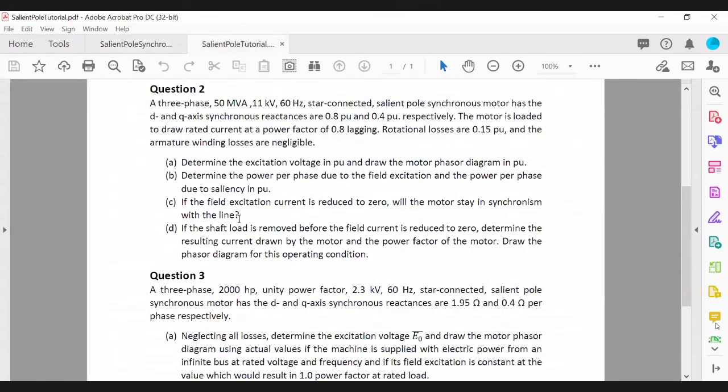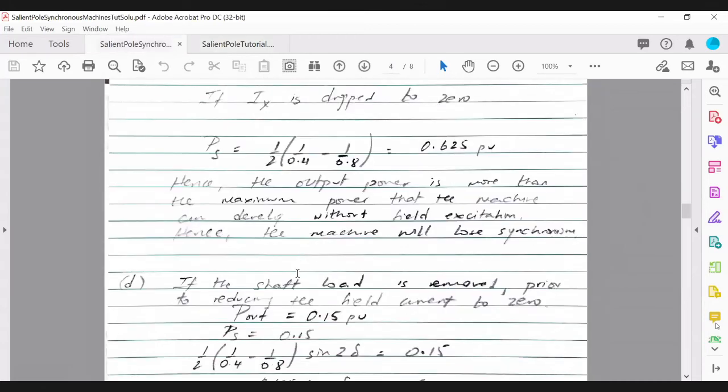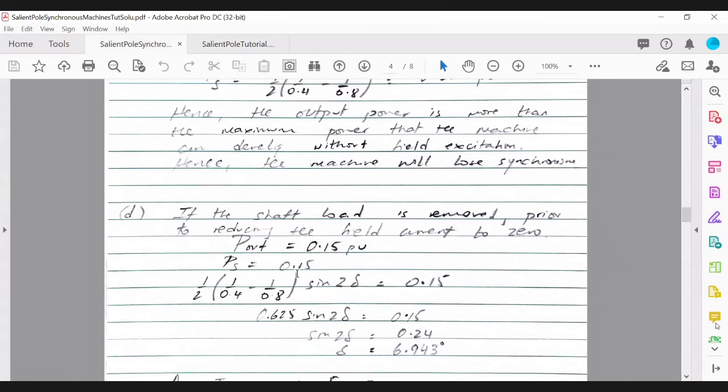If we look at part D, they've asked us that if the load is removed before the field current is reduced to zero, determine the resulting current drawn by the motor and the power factor. Okay, so let's look at this particular situation.